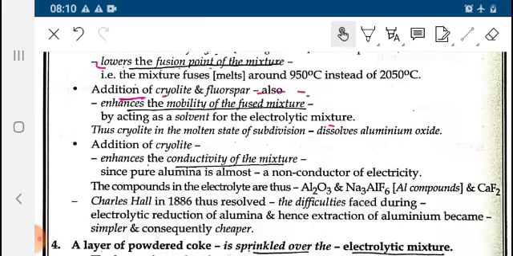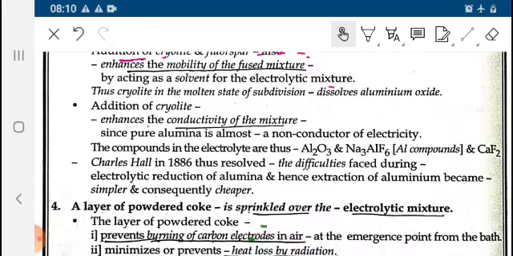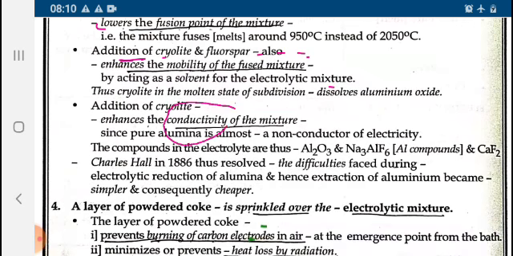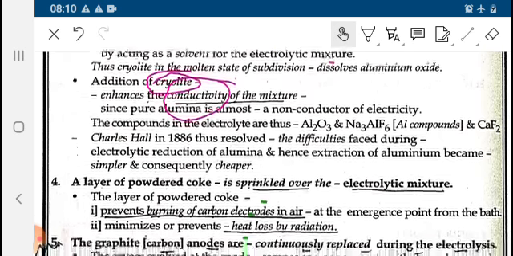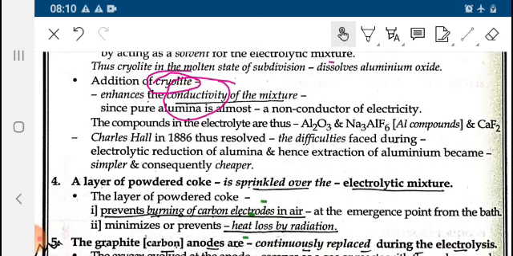It also enhances the conductivity. So what is the function of cryolite? It increases the conductivity. So these are the three reasoning questions, very important. So we can summarize this: electrolytic nature is increased with the help of cryolite because of its conducting nature. It is providing mobility to the ions.